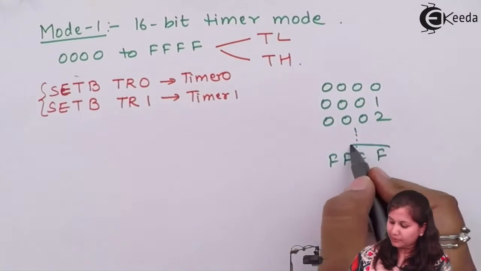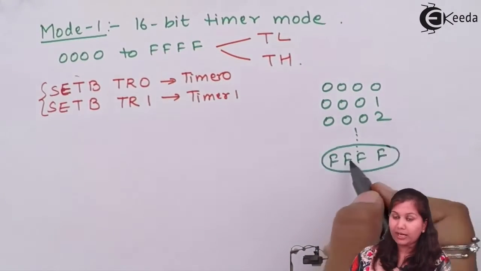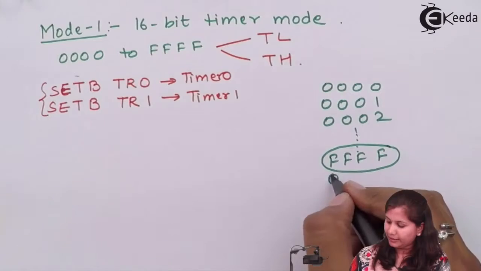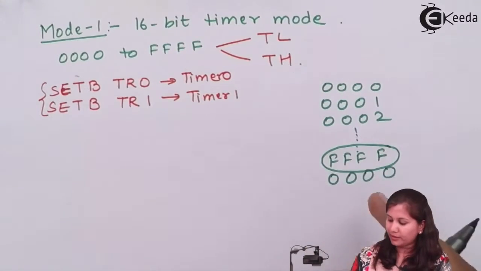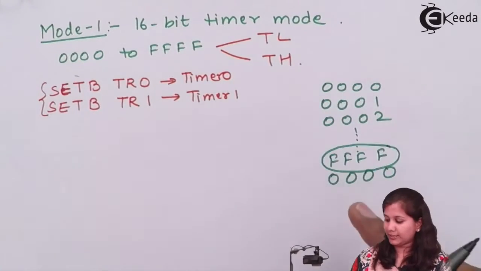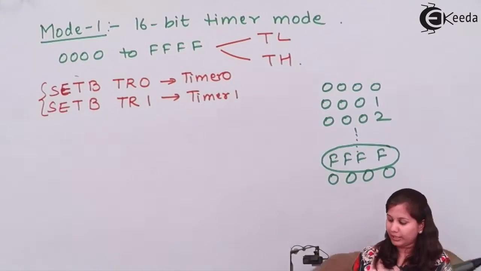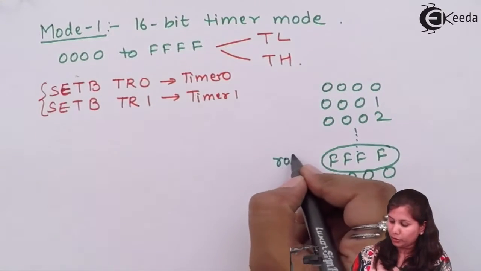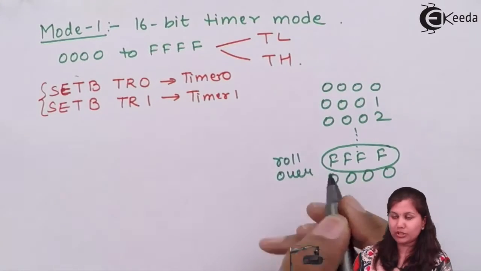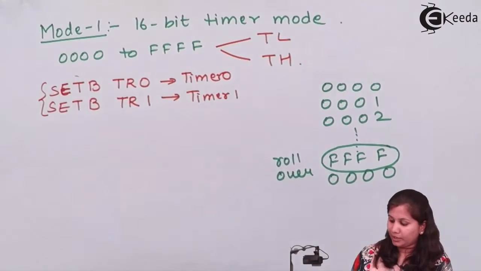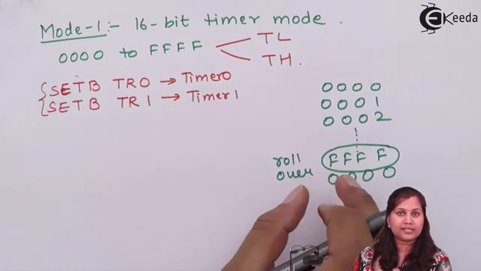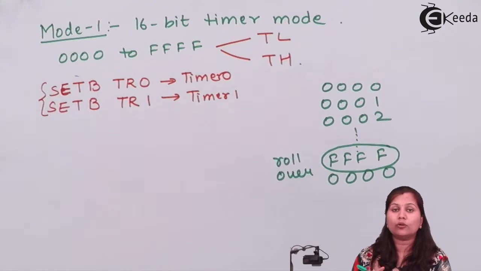Now when this maximum count value is reached, again it is incremented and it comes back to its initial value, that is 0000, and that condition is called the rollover condition, which we studied earlier. Now when this rollover condition is achieved, I said that the overflow flag bit is set.